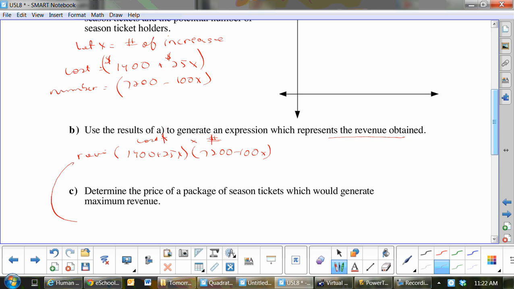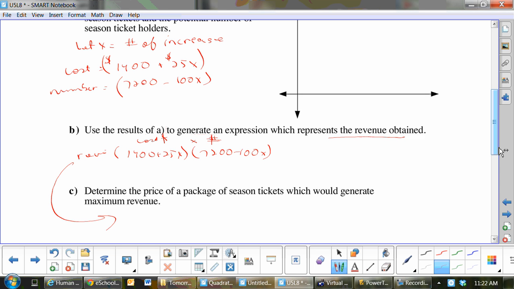Now, it says determine the price of a package which would generate the most revenue. I want the sweet spot. There is the perfect balance between number of people and how much you charge. Okay? And guessing and testing isn't the most efficient and probably effective way to find this out.